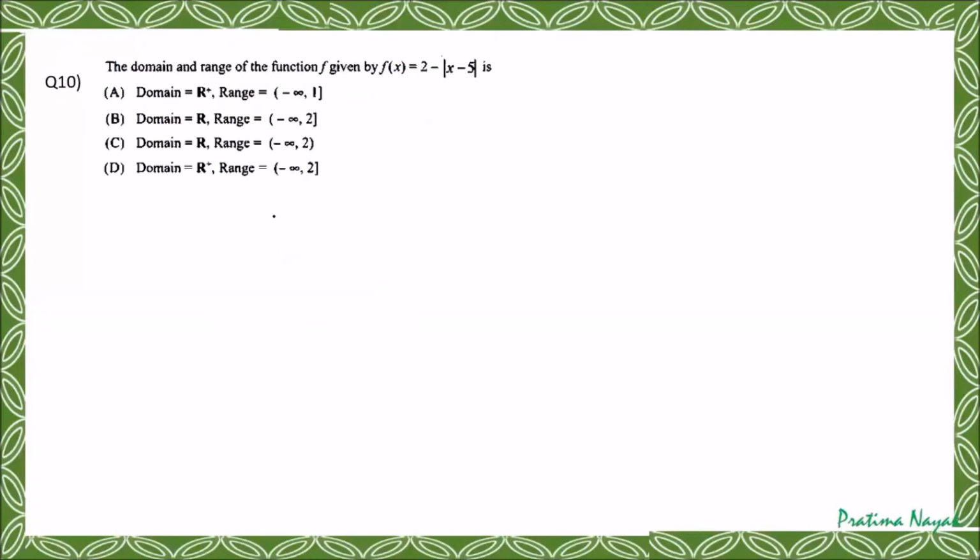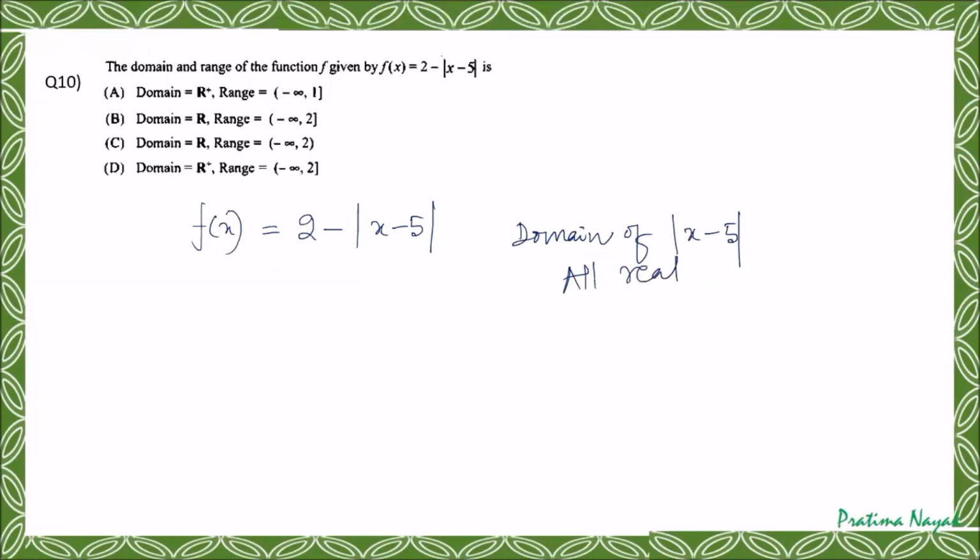Next is question number 10. Domain and range of f(x) is equal to 2 minus the square root of x minus 5. So what is the domain? The domain of x minus 5 is all real numbers. So 2 minus all real numbers, how much? It will be all real numbers.